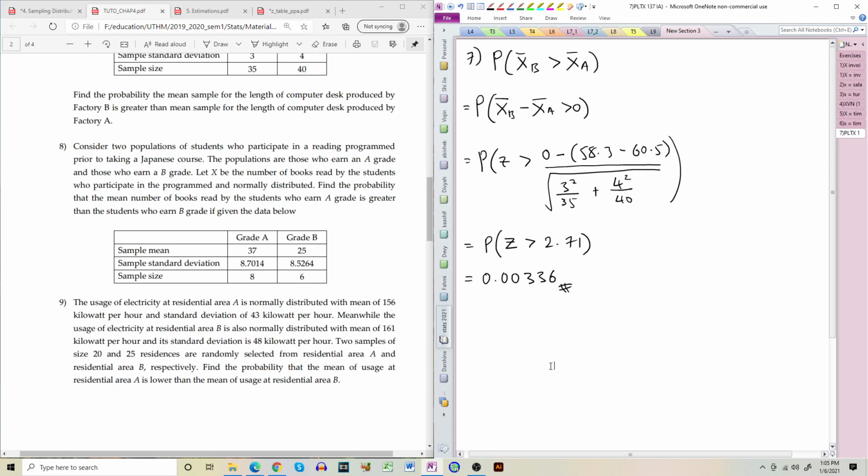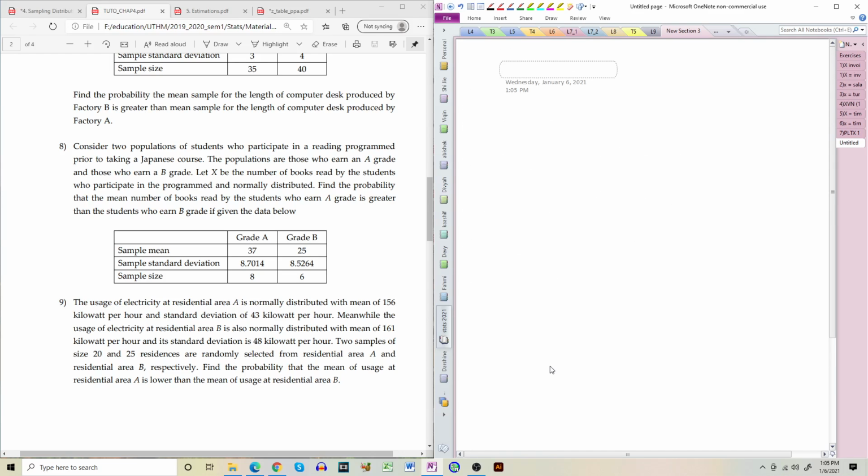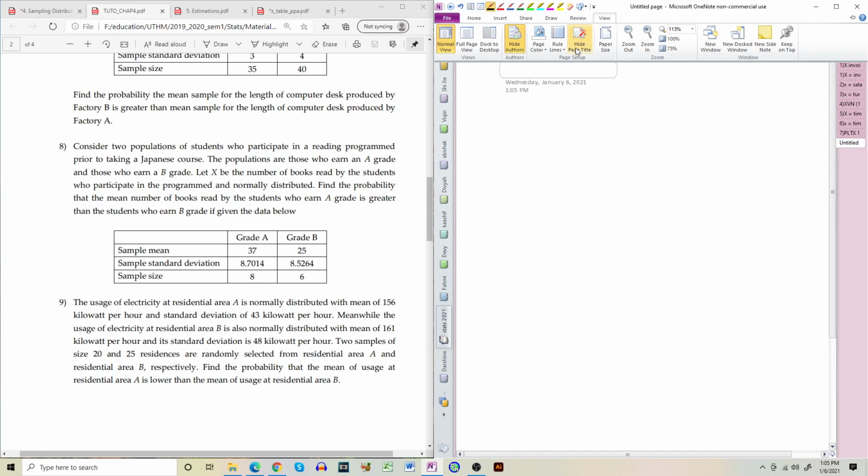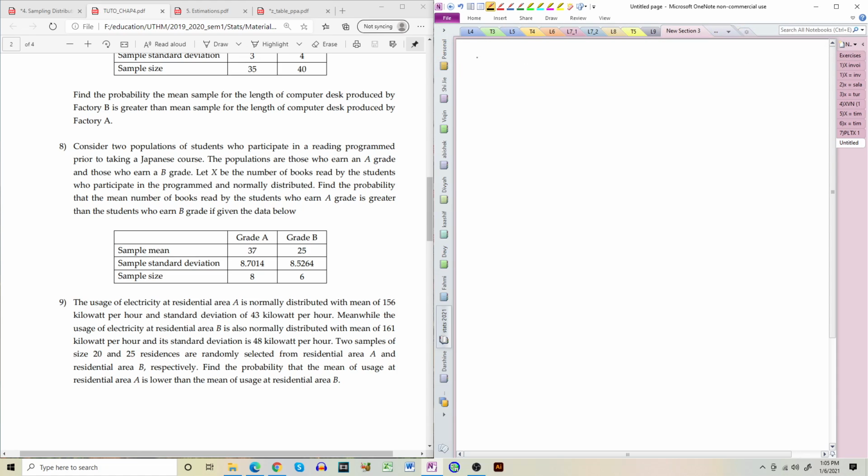For 8, consider the two populations of students who participate in a reading program prior to taking a Japanese course. The populations are those who earn A grade and those who earn B grade, normally distributed.